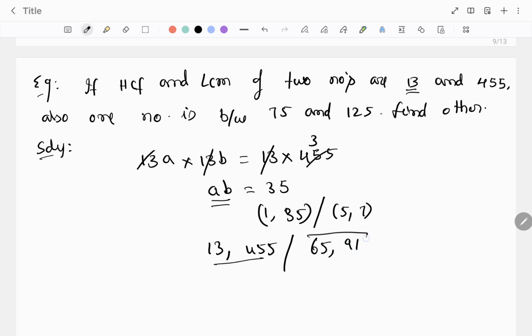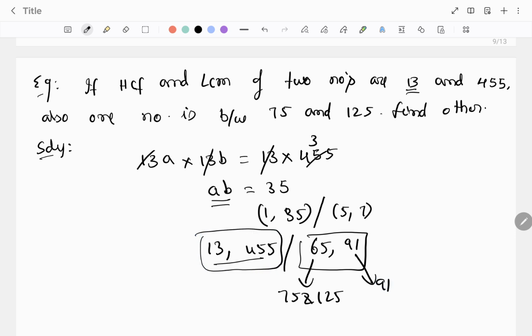Yes, so this is our answer. One number must be between 75 and 125, so the other number is 91. The pair 65 and 91 is the one: 65 is not in the range, but 91 is, and they are asking for the number between 75 and 125, so the answer is 91. Hope you understood this.